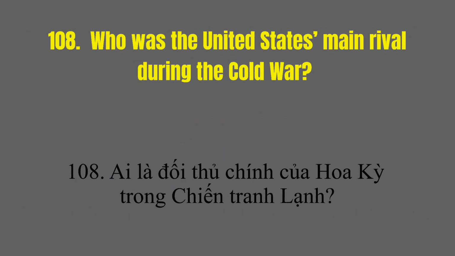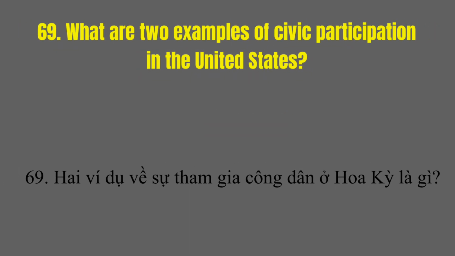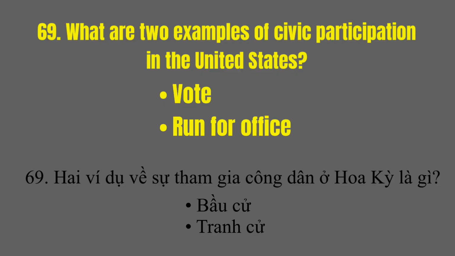Who was the United States' main rival during the Cold War? Russia. What are 2 examples of civic participation in the United States? Vote. Run for office.